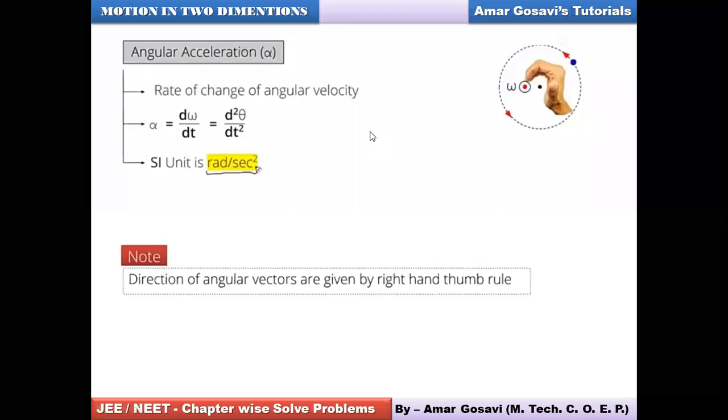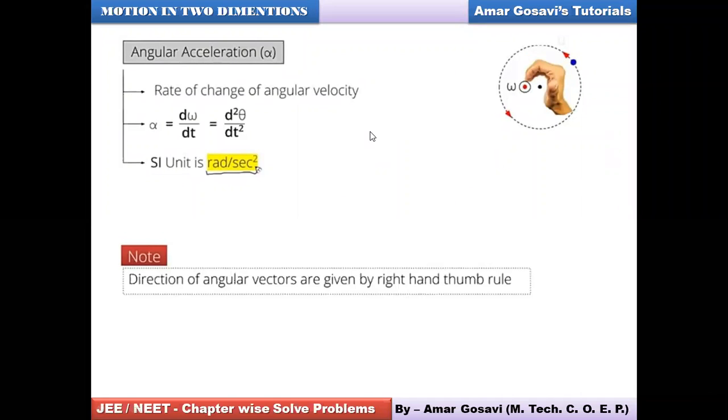And we also know how the directions of these three parameters, that is alpha, omega, and theta, which means angular acceleration, angular velocity, and angular displacement, are given by the right hand thumb rule as shown here in this slide. Okay, so let's proceed further then.